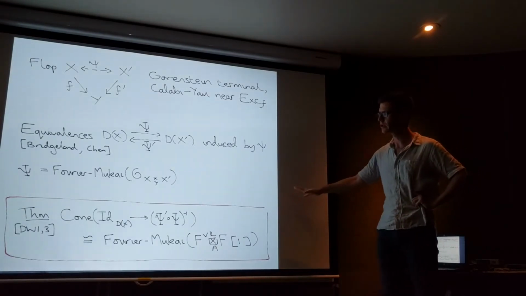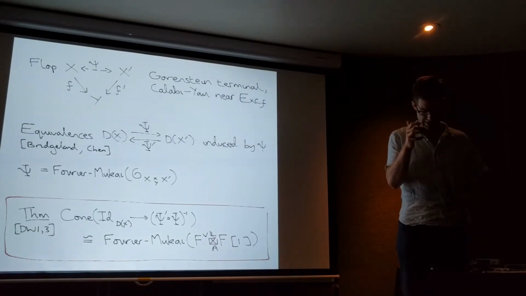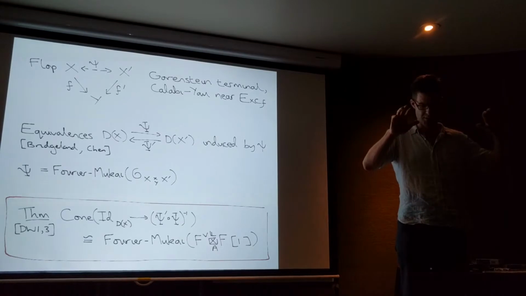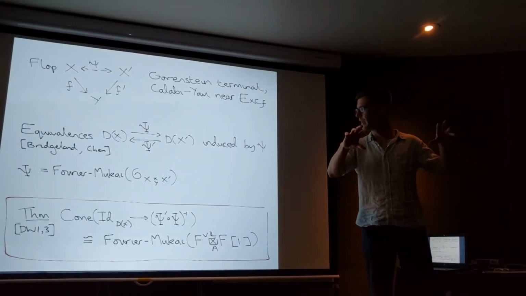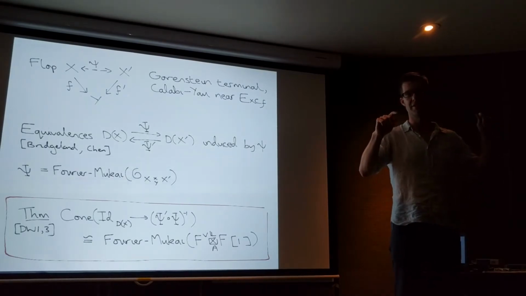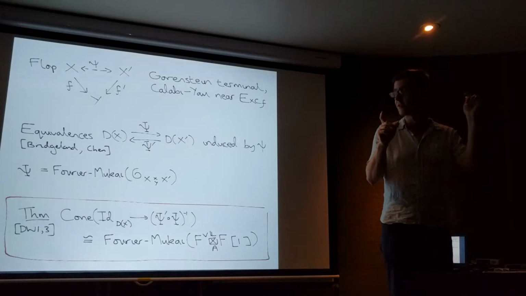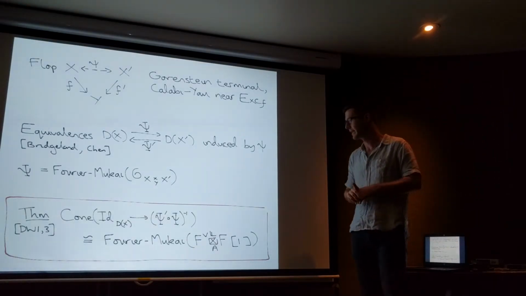there is this technology of Fourier-Mukai functors, which takes what's called a kernel on the product of the two spaces that I'm interested in, X and X prime, and from that produces a functor from X to X prime. And it also similarly produces a functor from X prime to X. So what's the kernel I take?